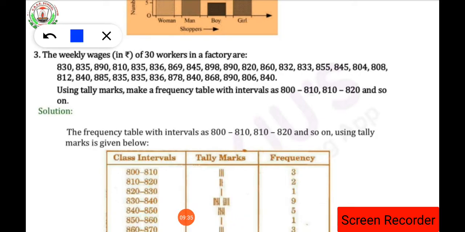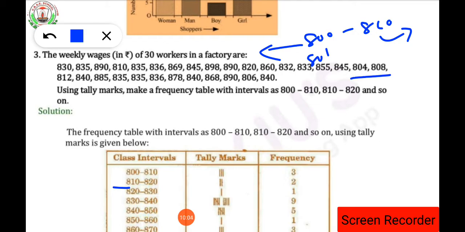सो जो पहला क्लास इंटरवल में जो 800 से 810 में ये अपर क्लास इंटरवल कहलाता है, ये लोअर क्लास इंटरवल कहलाता है। ओके, इनके बीच 801, 802, 803, 809 तक डेटा से 810 वाला जो डेटा है वो सेकेंड इंटरवल में काउंट होगा। तो कितने डेटास है हमारे पास? टोटल 3 डेटास है, that is 804, 808 and 806.